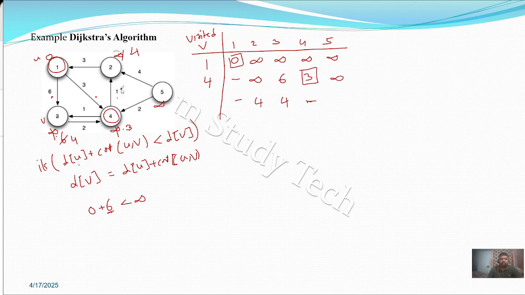And there is no direct edge to vertex 5, so it is infinity. You can select either this one or this one because both vertex costs are the same. I consider this one, with cost 4, that is vertex 2.